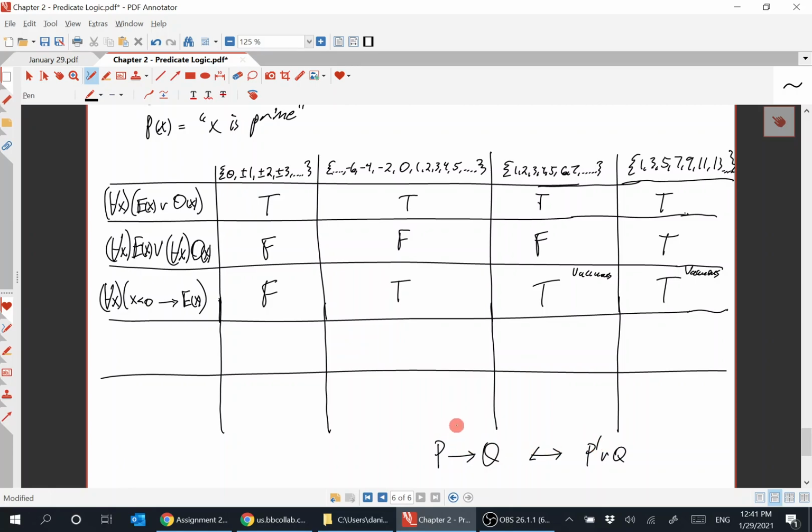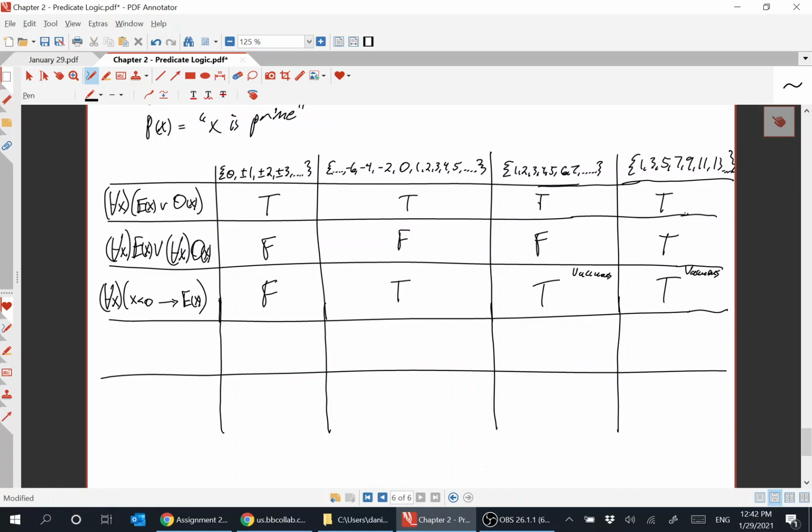If you don't have P, then you must have Q. In other words, not P implies Q. So, as a matter of making implication equivalent to disjunction, you need that vacuous case to be defined as true. Because it matches the rhetoric in English. If you don't have P, then you must have Q, which is the same as P or Q.